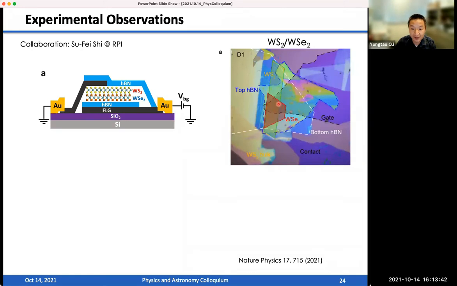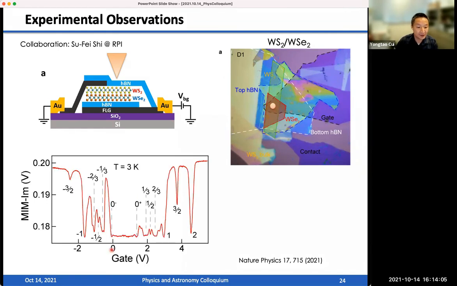Then they put this on a piece of graphite, which we can use to induce electrons in the system. In our measurement, we bring our probe over this overlap region, where we expect there is a Moiré superlattice, and we measure the local conductivity as a function of the gate. What the gate does is simply induce carriers onto the system.